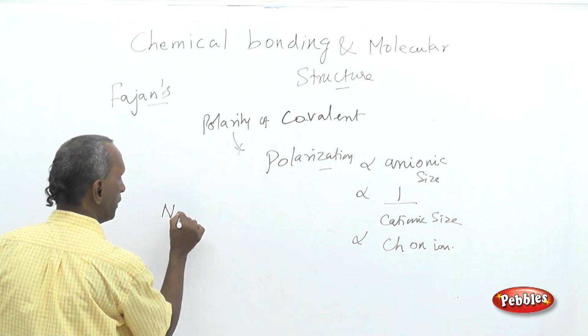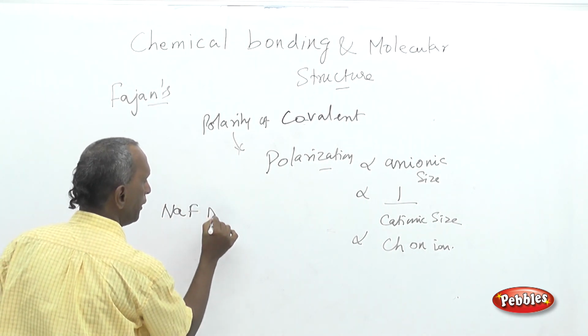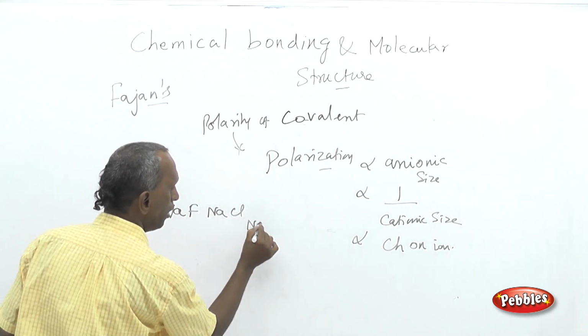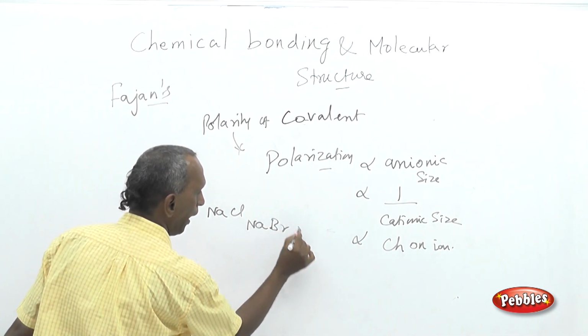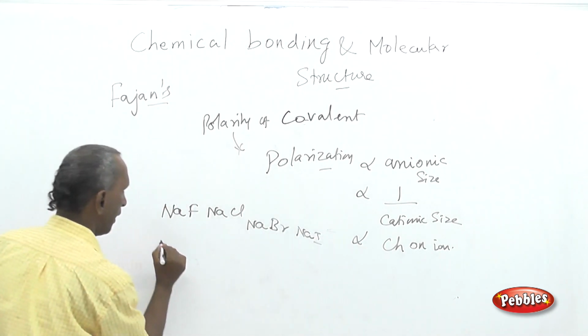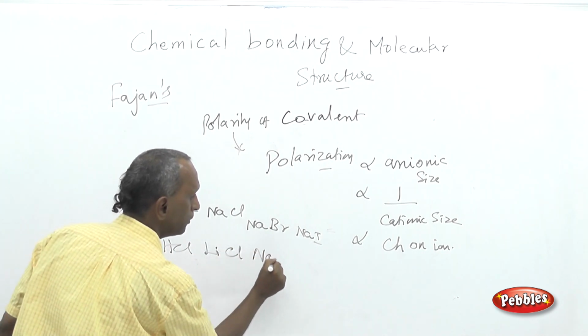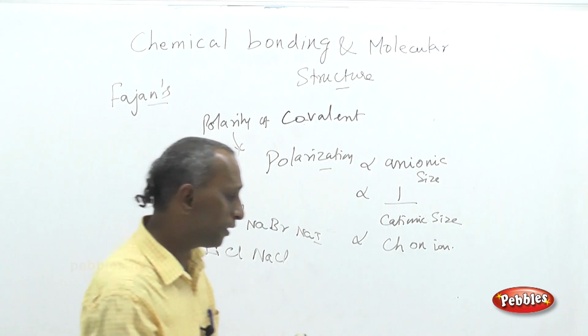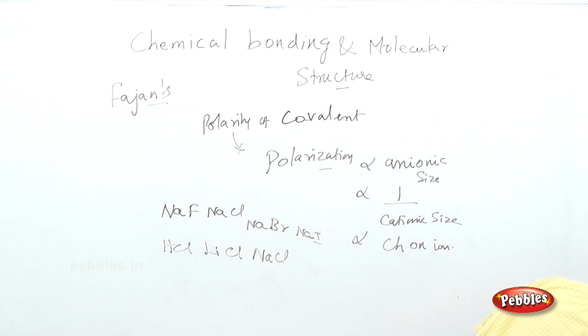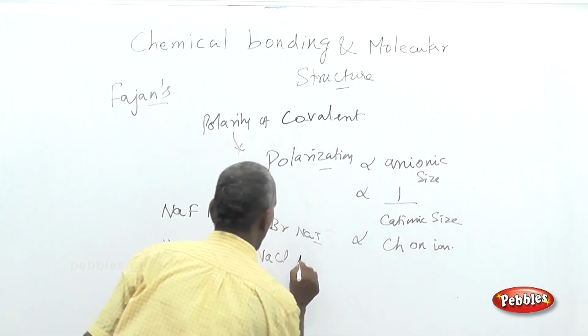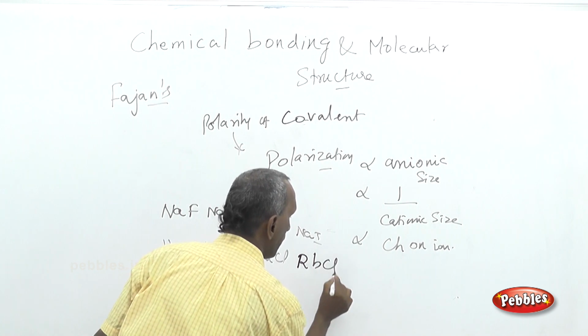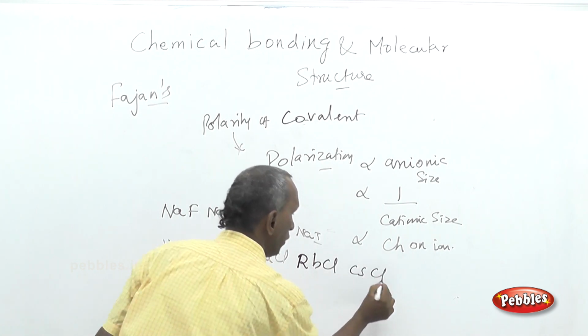The same examples: NaF, NaCl, NaBr and NaI. In the other case: HCl, LiCl, NaCl, rubidium chloride, cesium chloride. We are comparing.